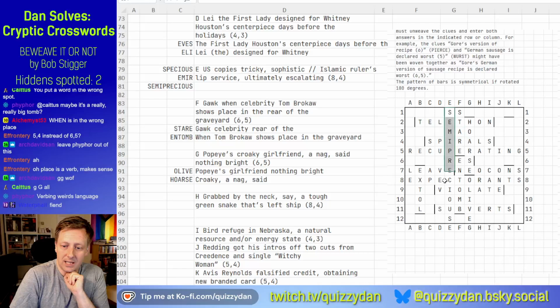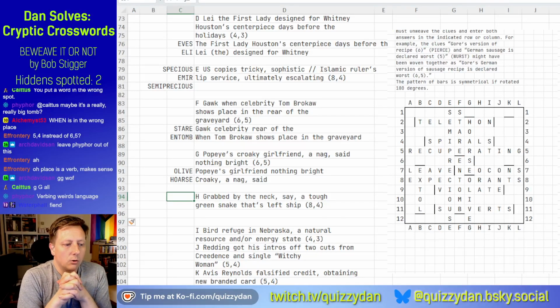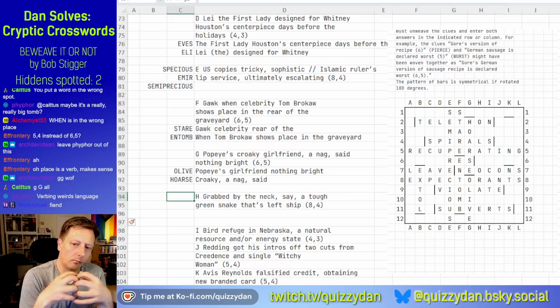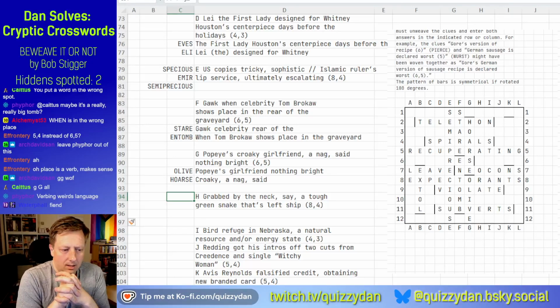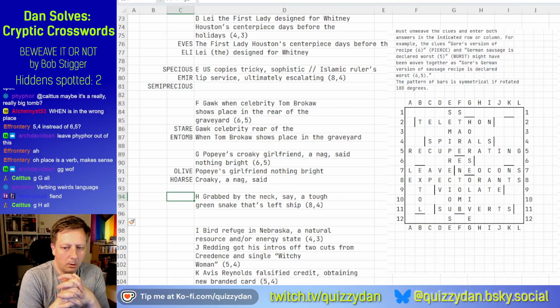We know it's a spanner because E is all one, so therefore that has to be all one. S-T-R-A-N-G-L-E. It's not strangled, because that's 9. A tough green snake, it's sort of a bow. That could just be a tough bow.